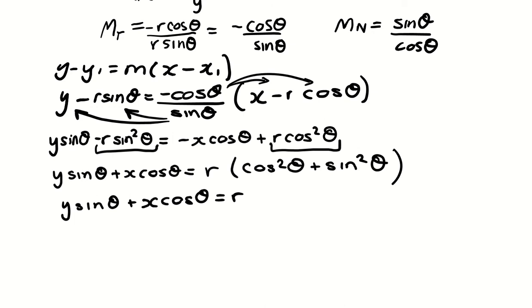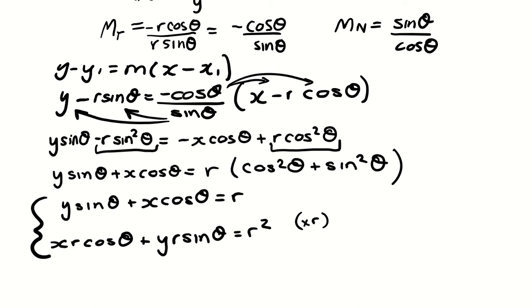The official formula for the tangent to a circle in parametric form is in fact this. And you can see that all they've done is times everything by r, and that's the official formula. So if you had to find the equation of the tangent, either one of these two are fine.